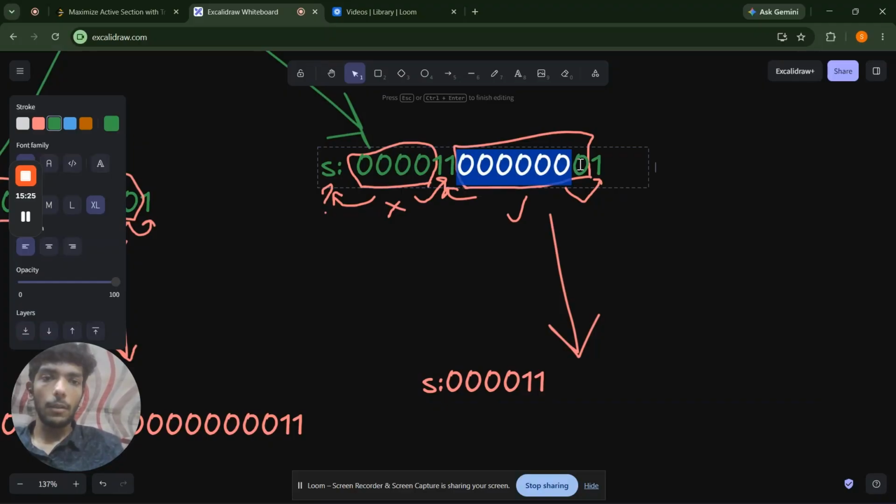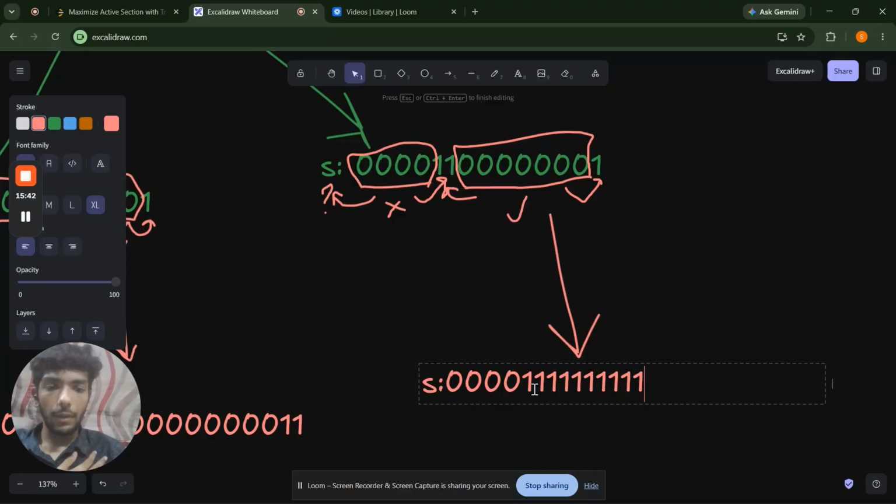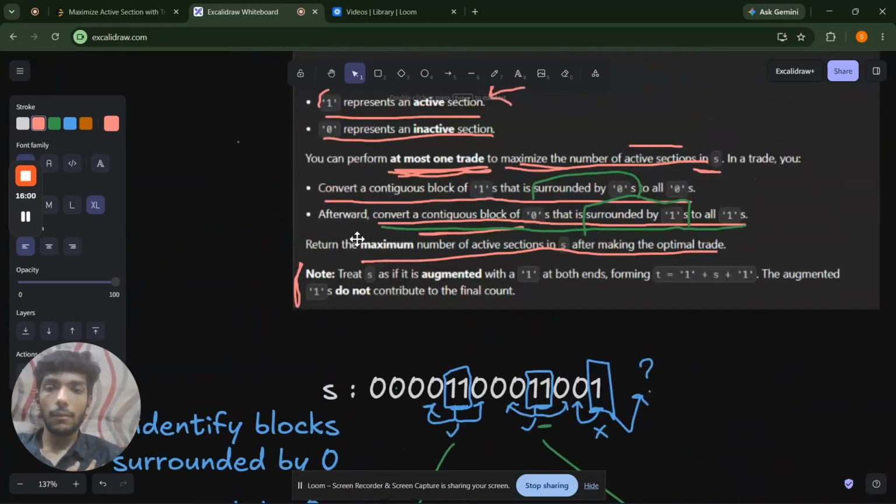This much part will be replaced with ones. 1, 2, 3, 4, 5, 6, 7, and one more one. So 1, 2, 3, 4, 5, 6, 7, 8, 9, 10, 11, 12, 13, 14. So yeah, we have formed our two strings after this one operation.